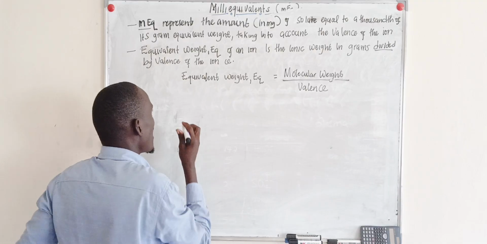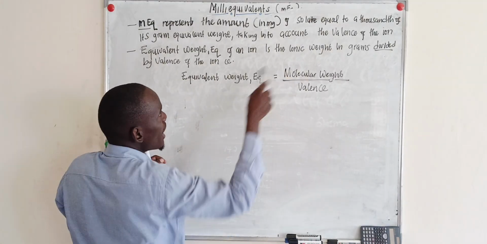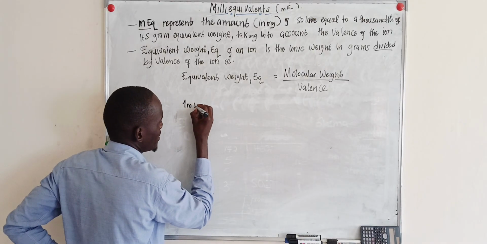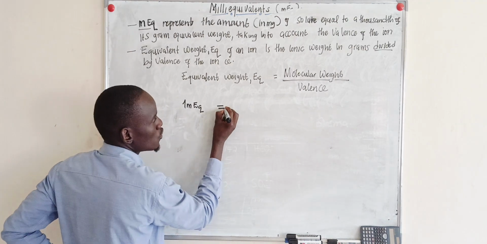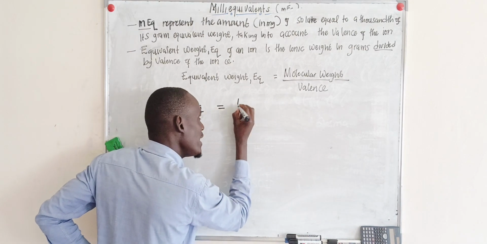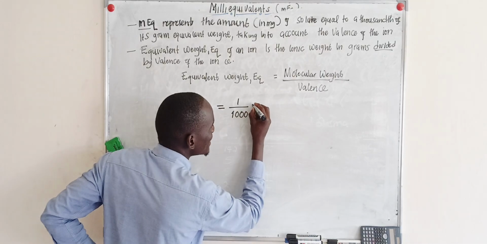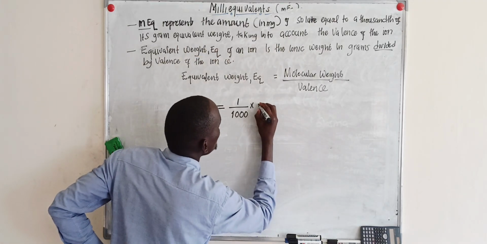Remember that 1 milliequivalent, based on our definition, will be equal to 1 out of 1,000 times the gram equivalent weight.